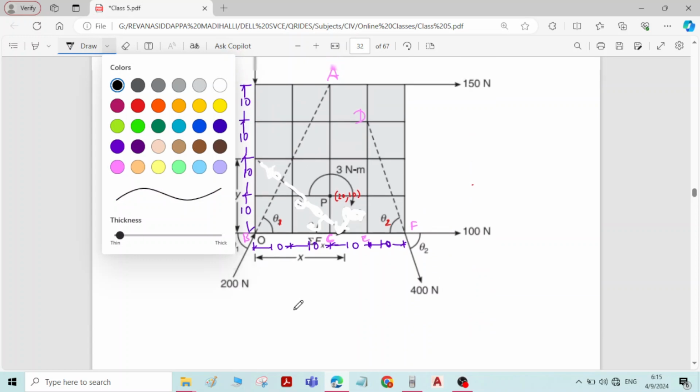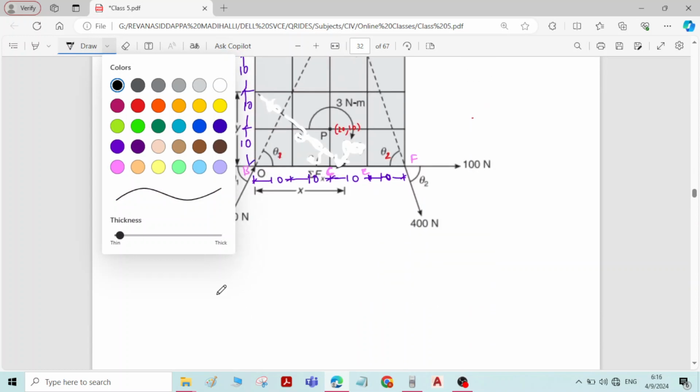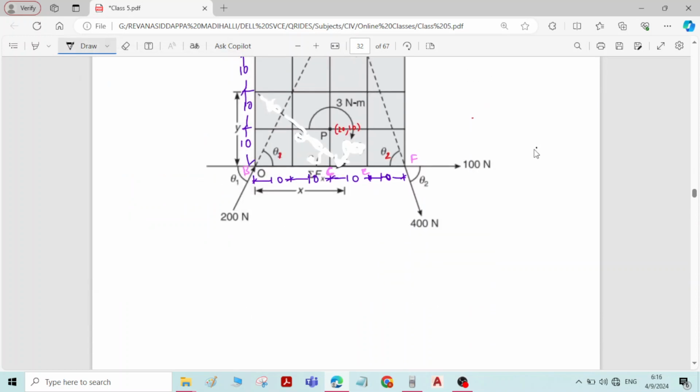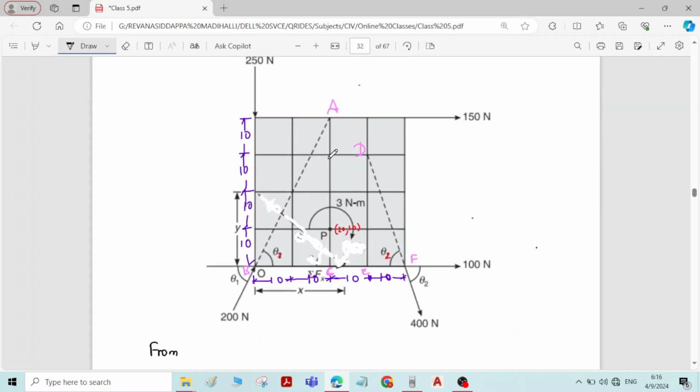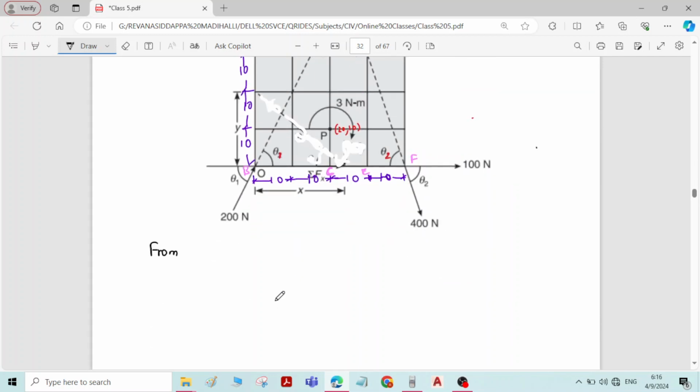Now consider triangle ABC. From triangle ABC, if you measure theta 1, it will be tan inverse of opposite by adjacent.